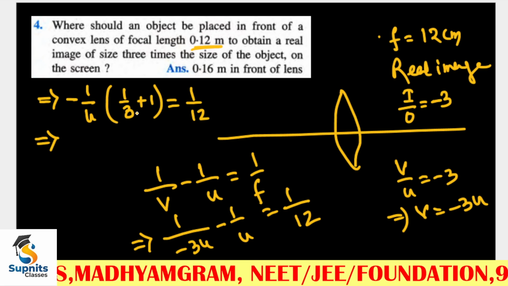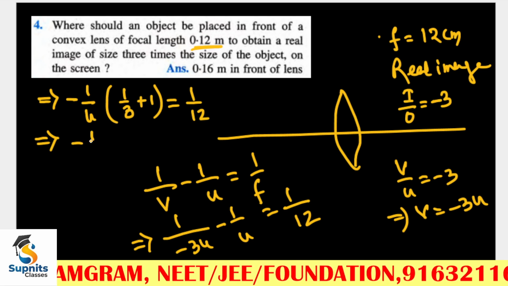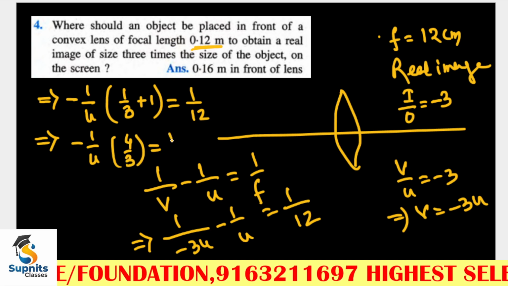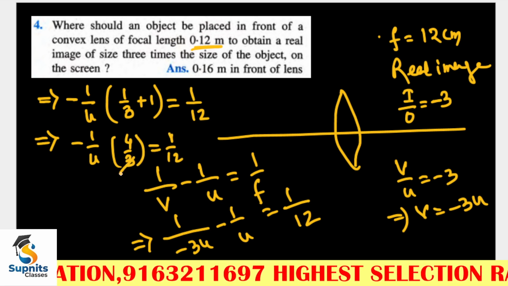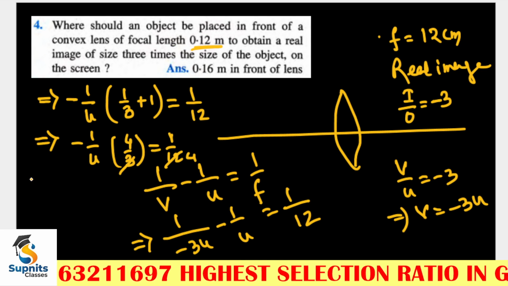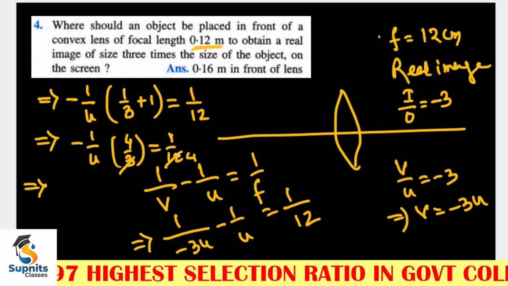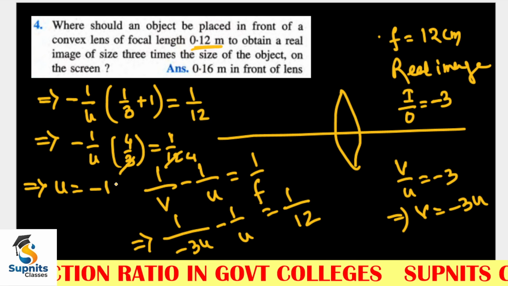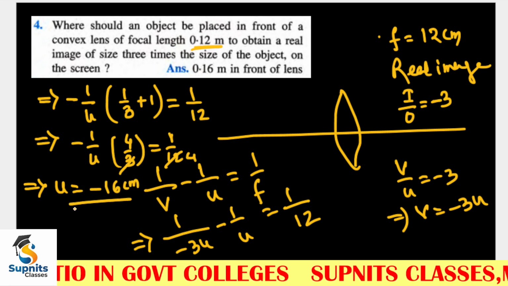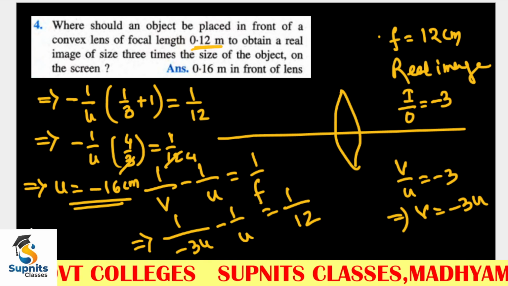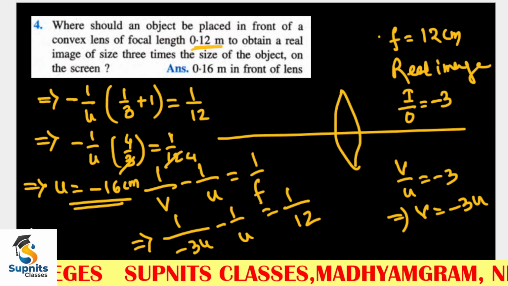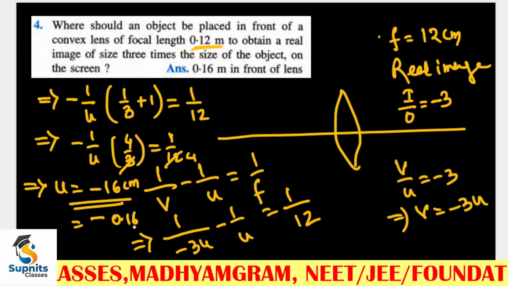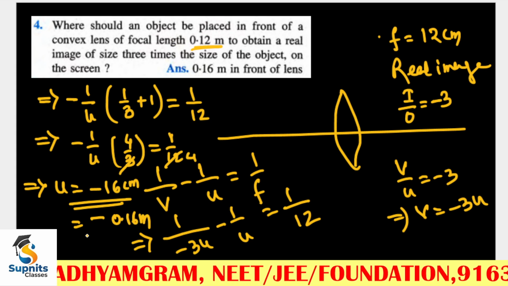So this will be 4 by 3. If you calculate this, 4 by 3U is equal to 1 by 12. So U will come out to be minus 16 centimeter. So U is always negative, so U is minus 16 centimeter, that is correct. If you want to change the unit, you can do it, minus 0.16 meter.